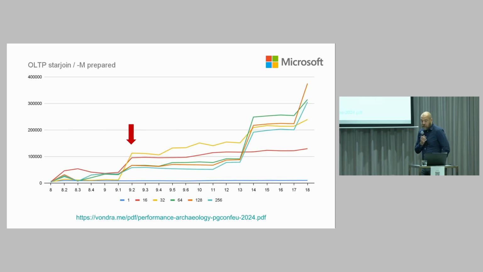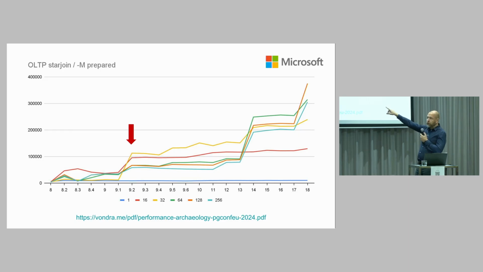I've been doing a talk about performance archaeology, which is an overview of performance improvements over the many years since Postgres 8.0. And one of the charts is for OLTP queries, where on the x-axis is the version of Postgres, and you can see the jump between 9.1 and 9.2, right?